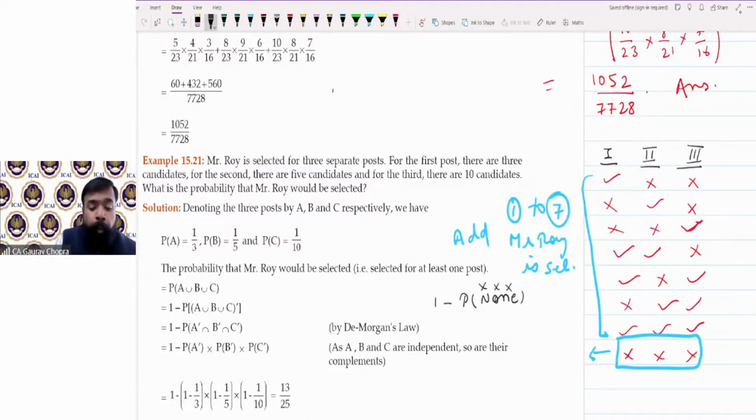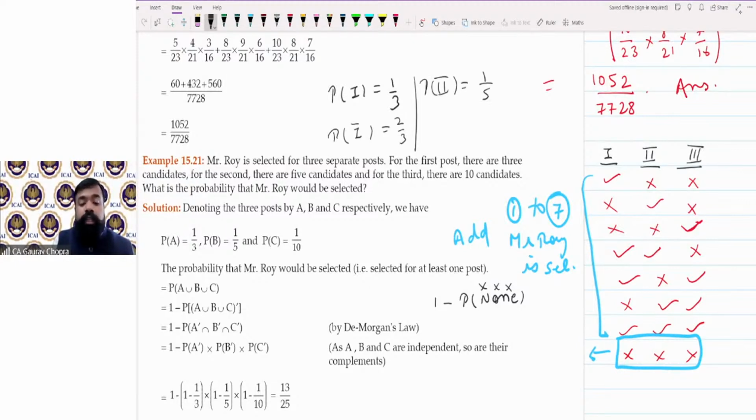Okay. So what is the probability that Mr. Roy will get selected in first position? It was 1 by 3. 3 candidates, and out of 3, 1 is Mr. Roy. Therefore, it becomes 1 by 3. Then it will not get selected in first post, it will be 2 by 3. For second post, there are 5 candidates. So we will write 1 by 5 for the selection.